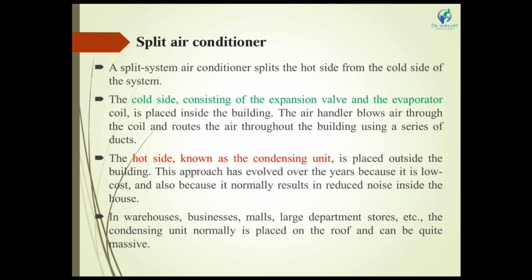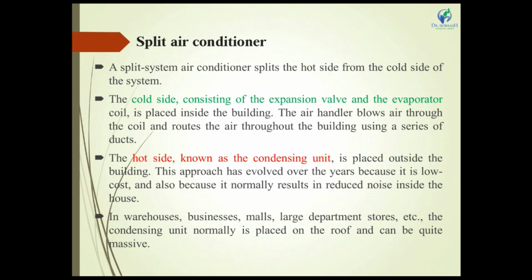We have to split them, so the name is mentioned. We split the four components in the system: two inside the room and two outside the room, the outdoor unit. The indoor unit has the expansion valve and evaporator, and the outdoor unit has the compressor and condenser.